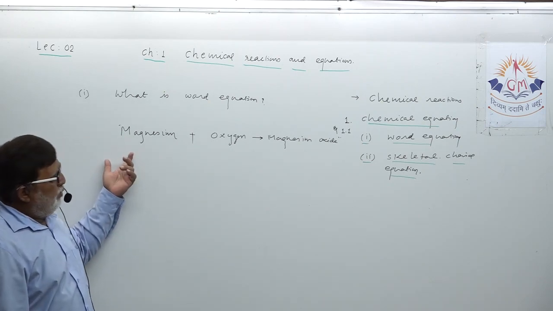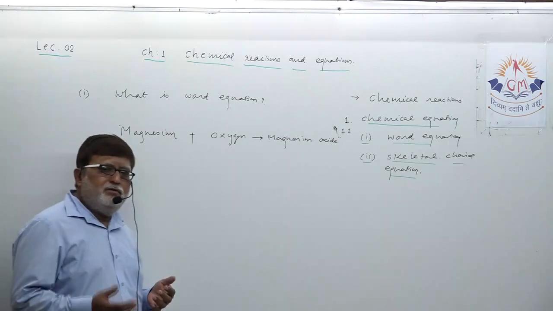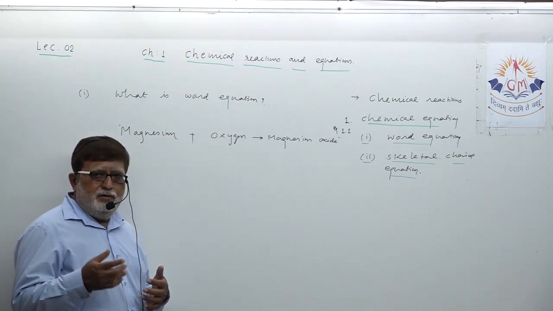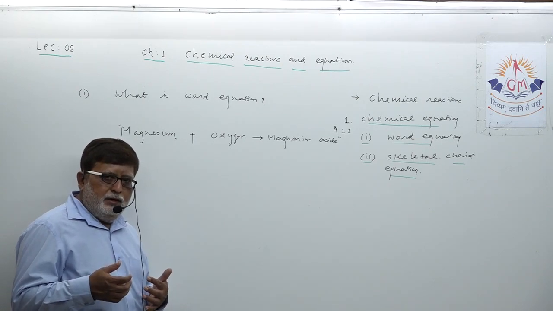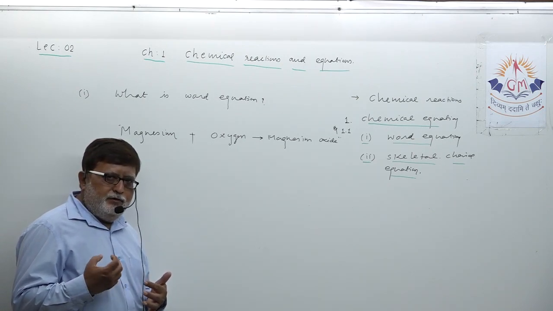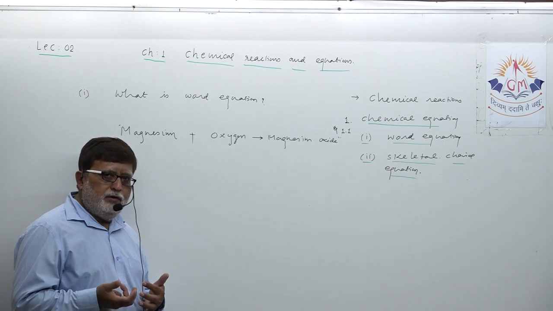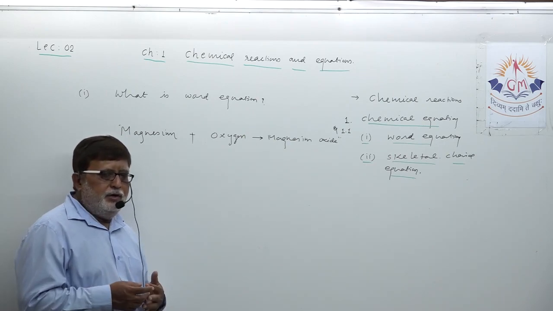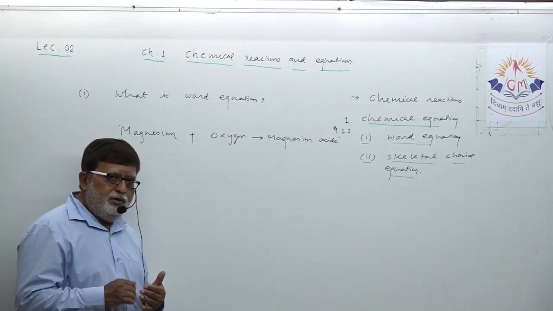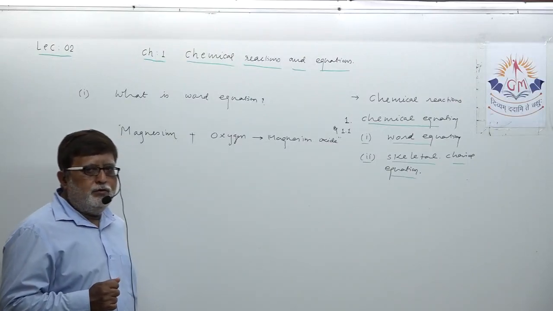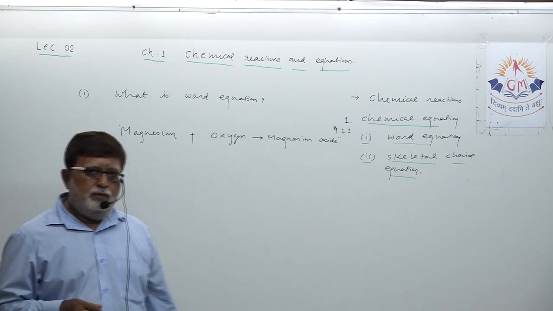a word equation. Understand? So you can say that a word equation is a shorter, abbreviated, precise way of writing any chemical reaction. Any chemical reaction can be written in short in a word equation.